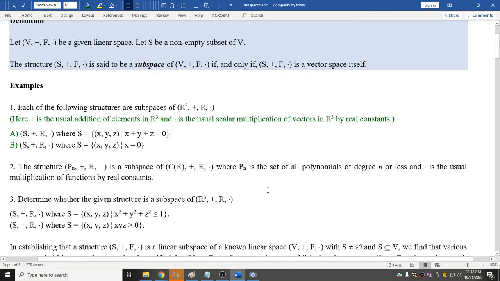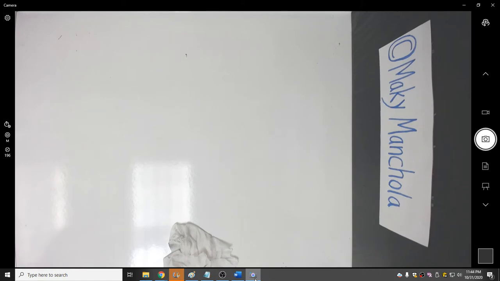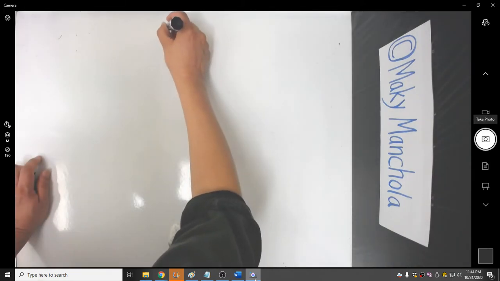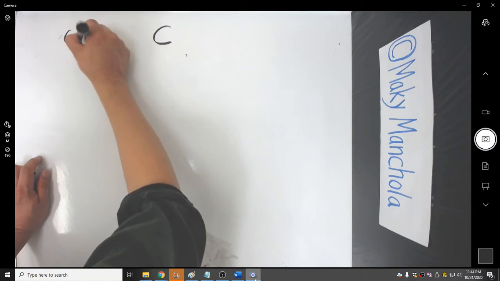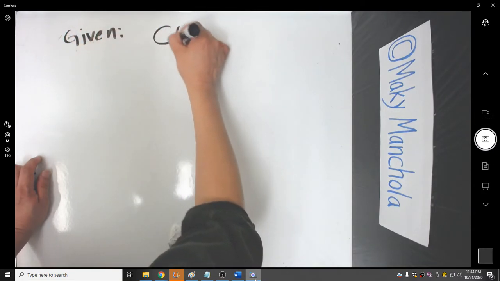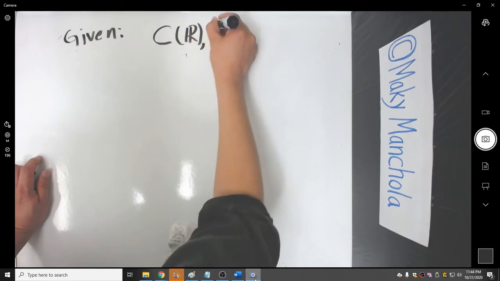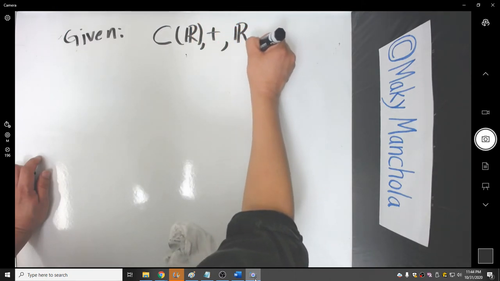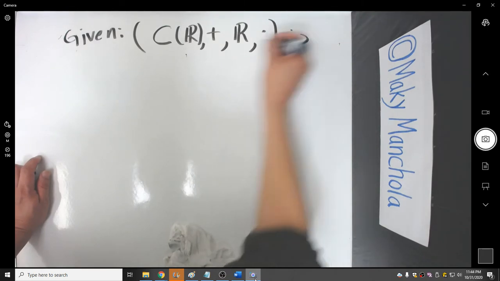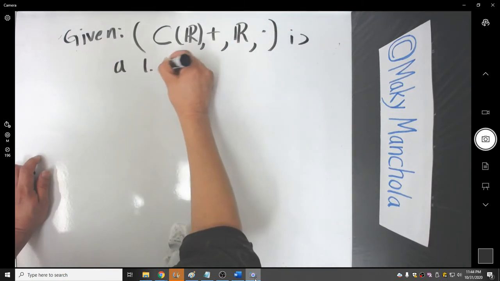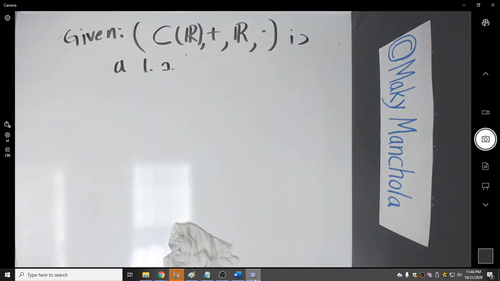Okay, so what do we need to know? We need to begin with our hypothesis that the set of continuous functions is a linear space. So this is my given information. So that's a linear space.